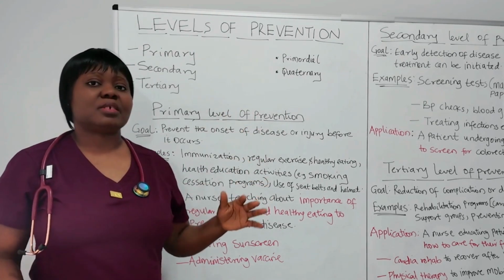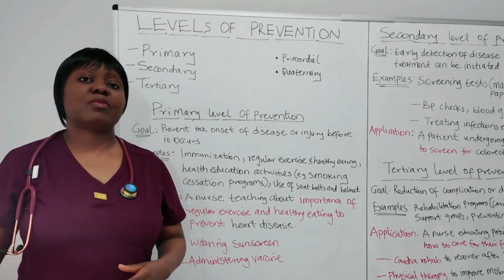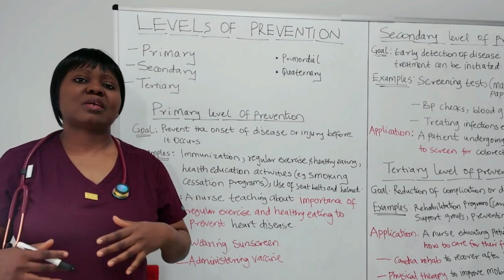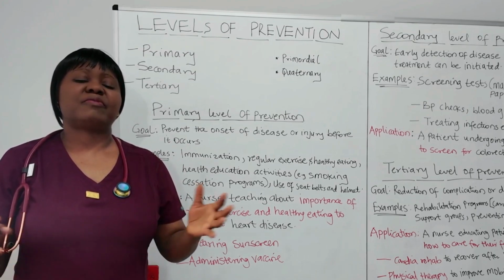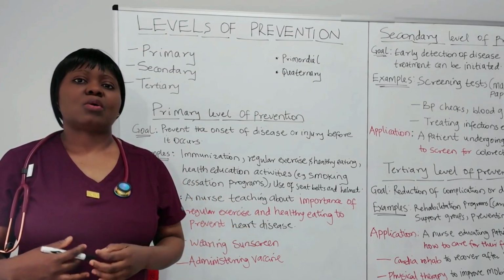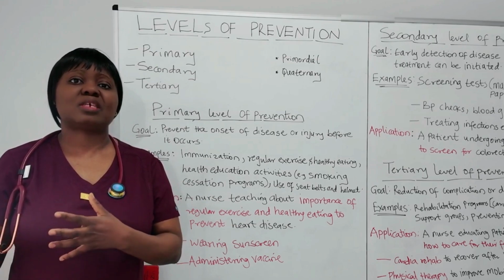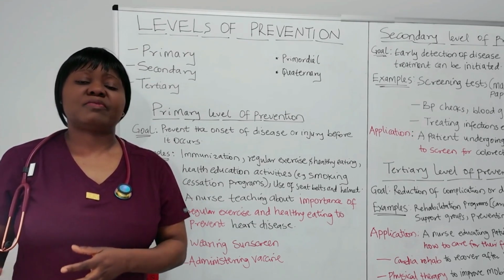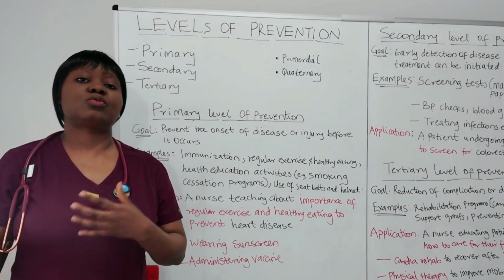Now quaternary will come after tertiary level of prevention. Here, we're looking at activities taken to prevent unnecessary diagnosis or exposing patients to unnecessary procedures. For example, reducing polypharmacy, where a patient uses so many medications.